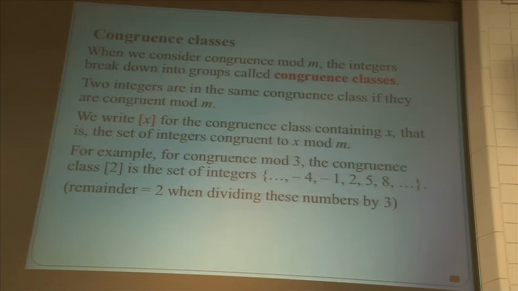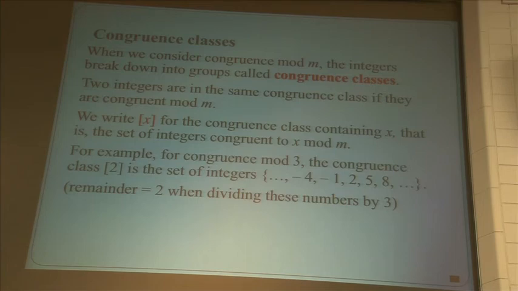So if we're talking about base 10, 13, 20, because they all give you a remainder of 3. Two integers are in the same congruence class if they are congruent mod m. So if these values all give you the same remainder, they're in the same congruence class.